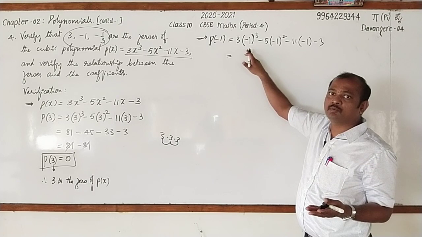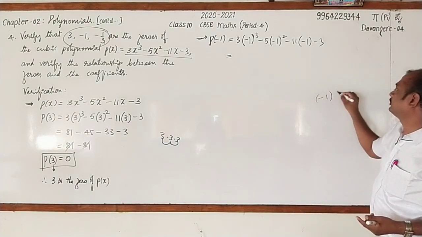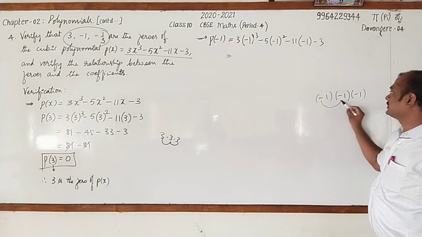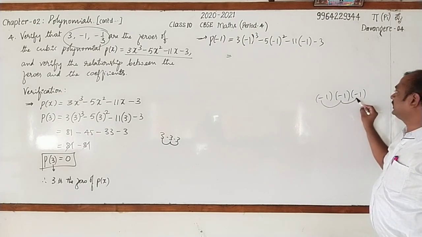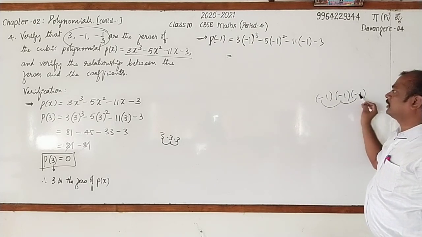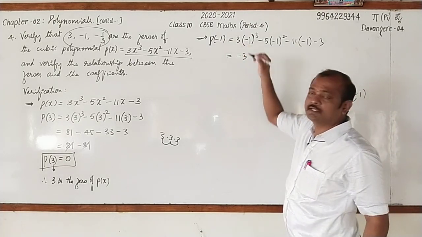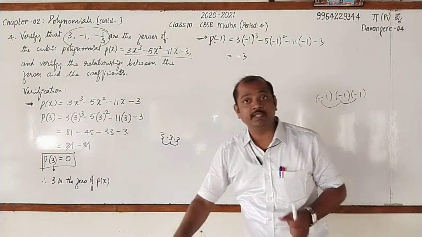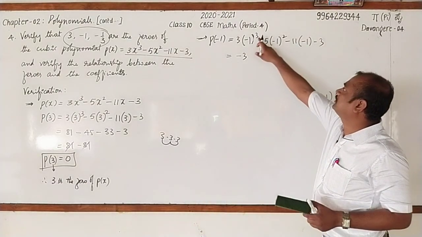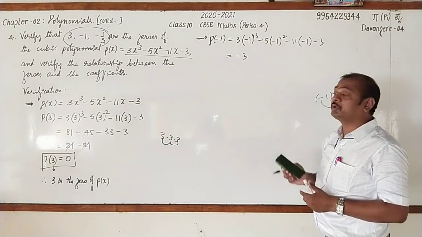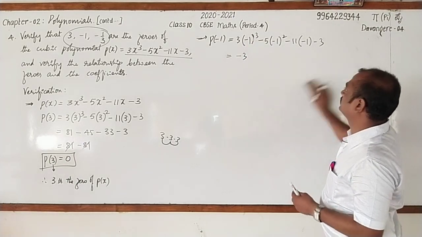It is minus 1 only. Minus 1 into minus 1 into minus 1. Minus into minus is plus, plus into minus is minus. So 1 1s are 1, 1 1s are 1. It is minus 1. Minus 1 into 3, minus 3. If the power is odd, we get the same sign. If the power is even, the value becomes positive.